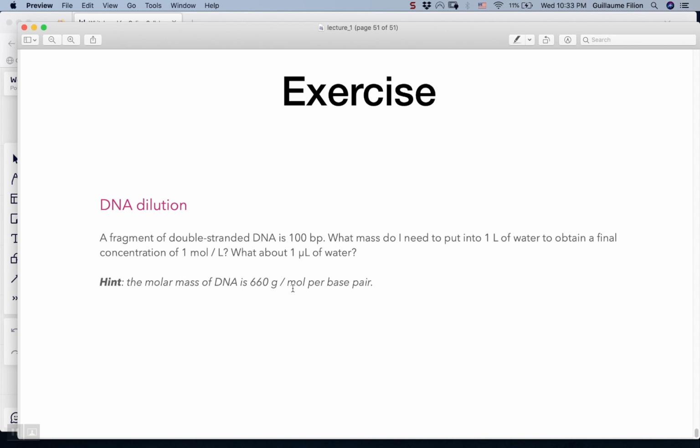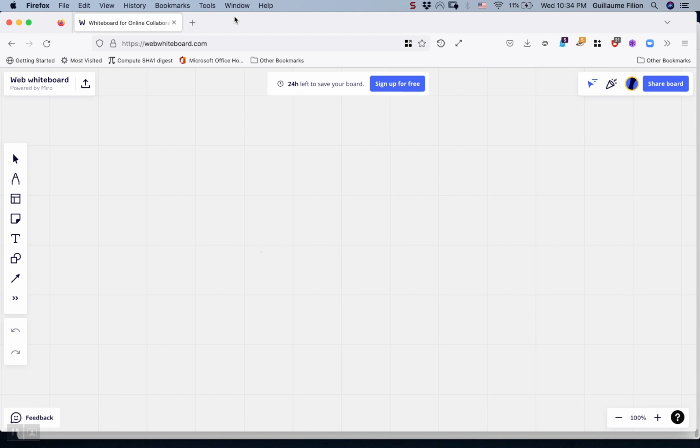To solve this kind of exercise, the first thing that we need to do is to know the molar mass of the DNA fragment. And the way we do this is quite simple.